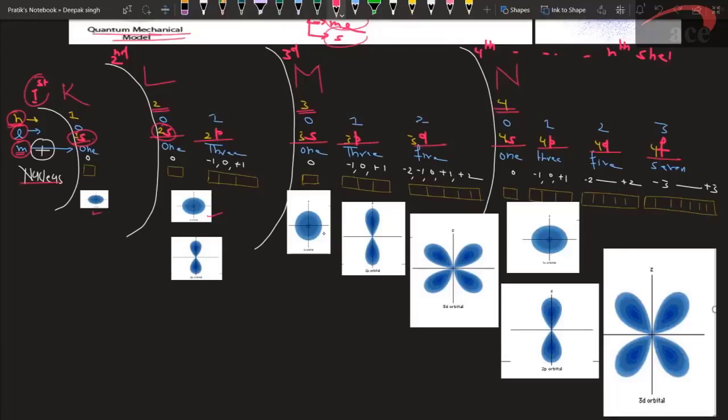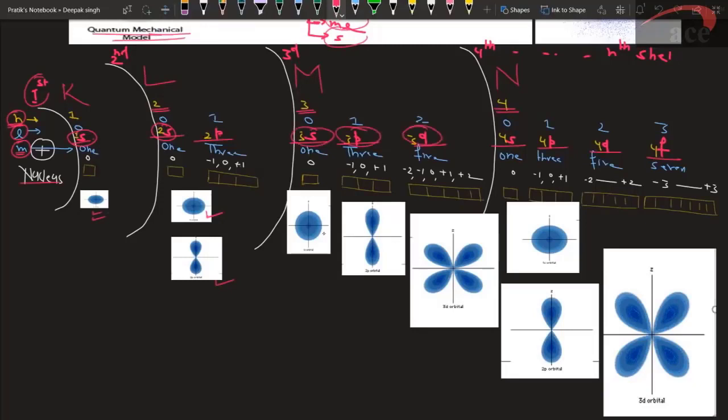For the 2p subshell, there are 3 magnetic quantum numbers, so 3 orbitals, and the shape is what? Dumbbell shape. So this indicates the first shell consists of 1 orbital, and the second shell consists of what? 2 subshells, s and p. The third shell consists of s subshell, p subshell and d subshell.